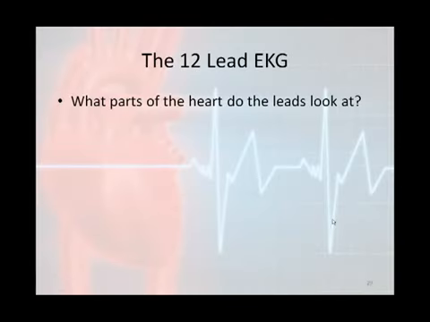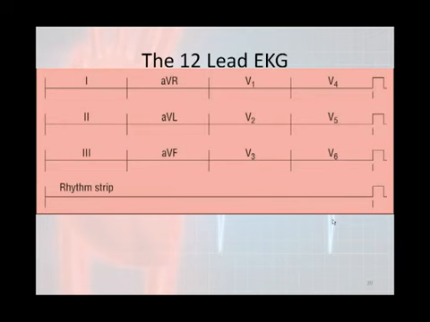Now let's go ahead and take a look at what part of the heart each one of the 12 leads are looking at and how you will actually see them on the paper. Now traditionally the EKG paper has one of two layouts, the vertical and the horizontal views. It's more common to use the horizontal layout, so that's pretty much what I'm going to stick to here. In the horizontal layout, what you're actually going to have is an EKG that is printed from left to right.